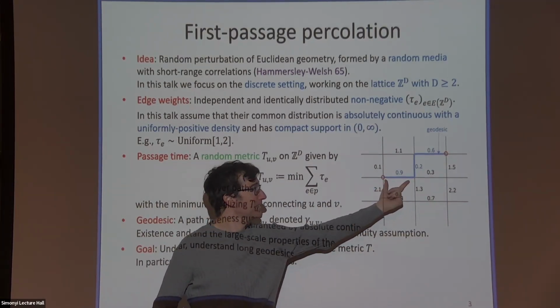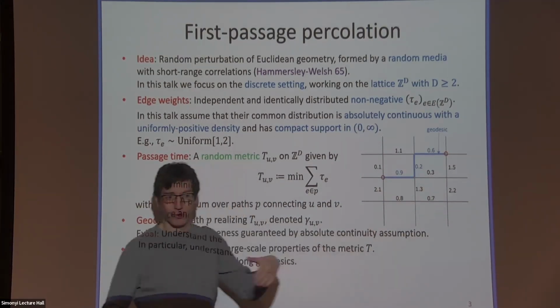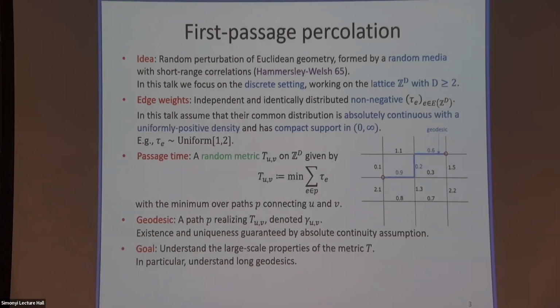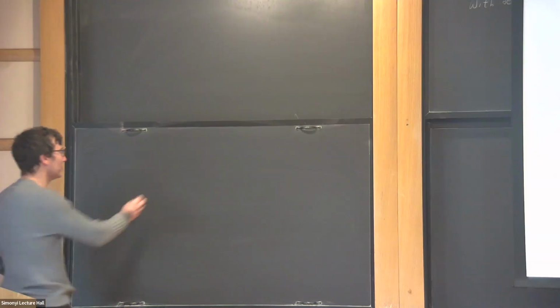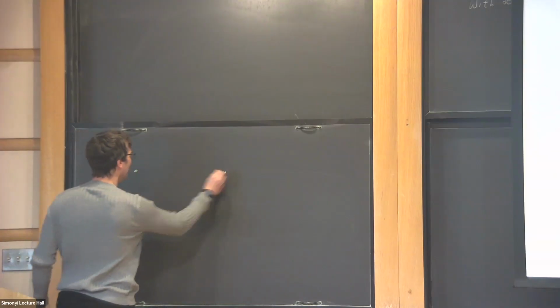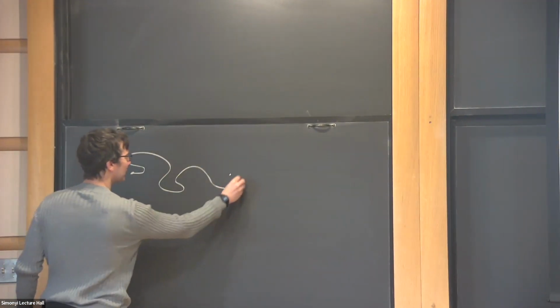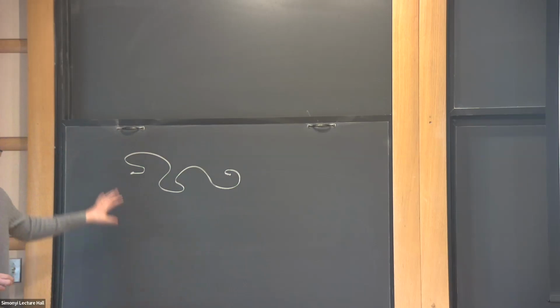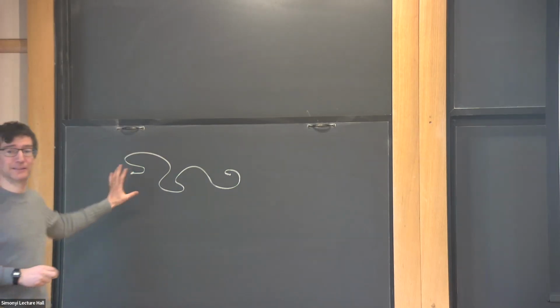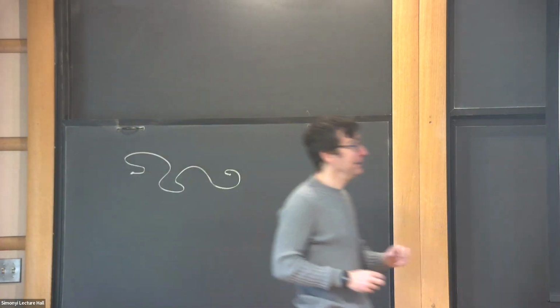Shortest means that the sum of the edge weights along the edges of that path is minimal among all paths that connect these 2 points. Unlike in the picture, there is no restriction that the path goes back. So if these are the 2 points, then maybe the minimal path looks like this. There's no restriction over that, so long as the sum over all the edges in the path is minimal among all the other paths.